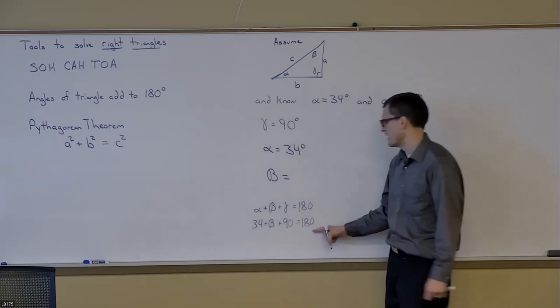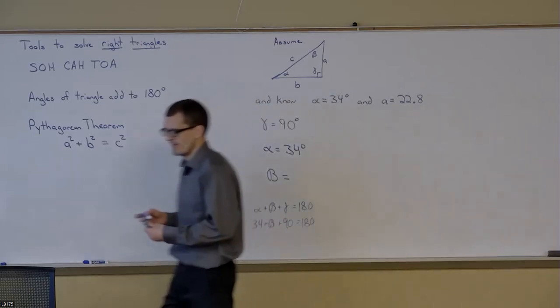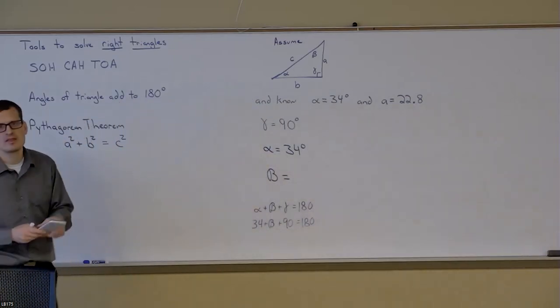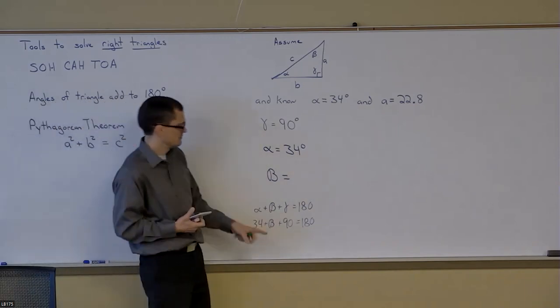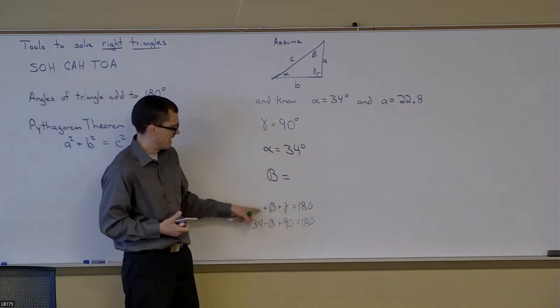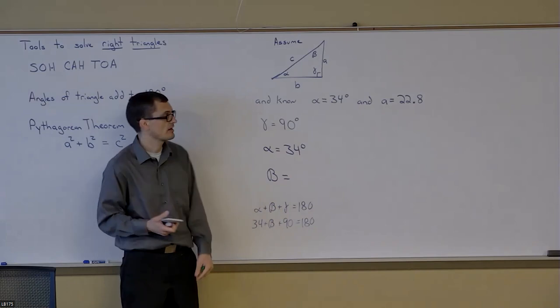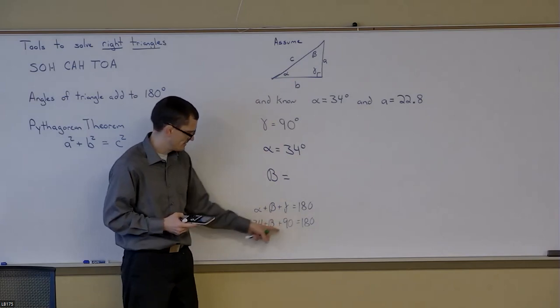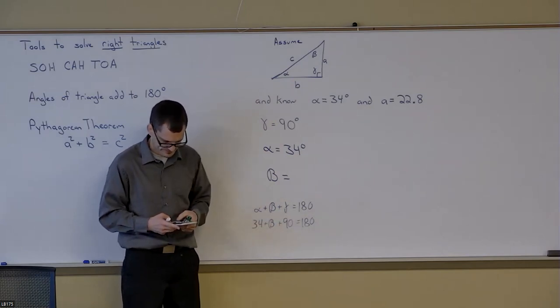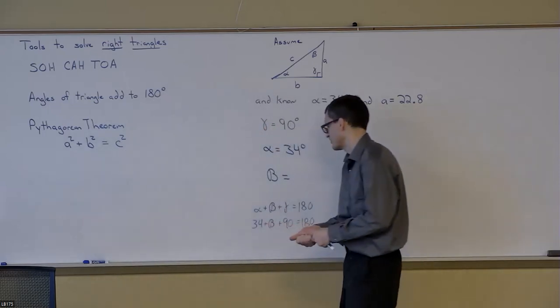And I can just take 180, subtract 90, subtract 34, and that gives me beta. In fact, on a right triangle, because gamma is always 90, the alpha and beta have to always add up to 90 degrees too. So I get that beta is 56 degrees.